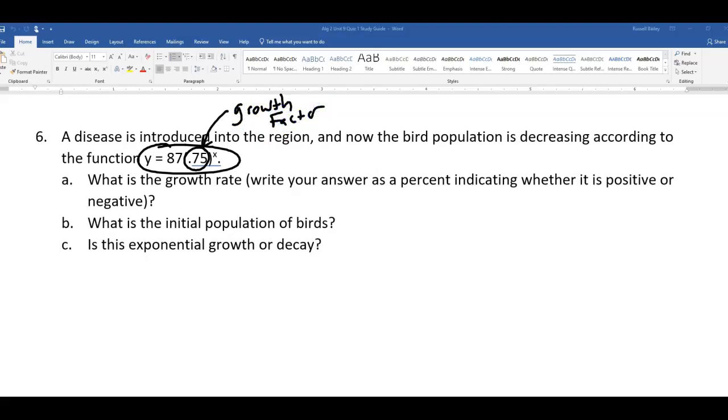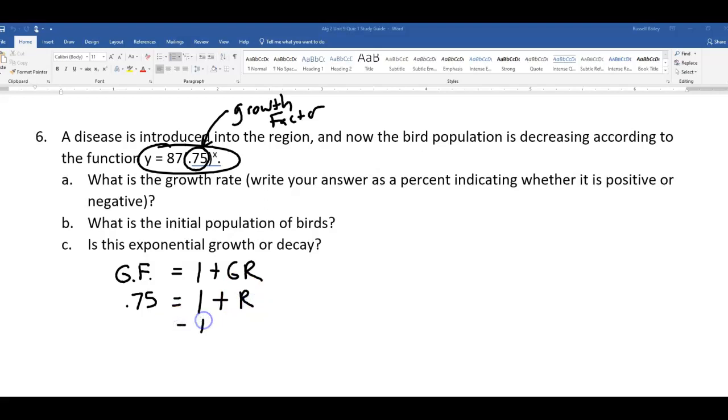Right? So if my growth factor, I'll just abbreviate that, GF, is 0.75, that should be equal to 1 plus my growth rate. And I'll just put R here instead of GR.